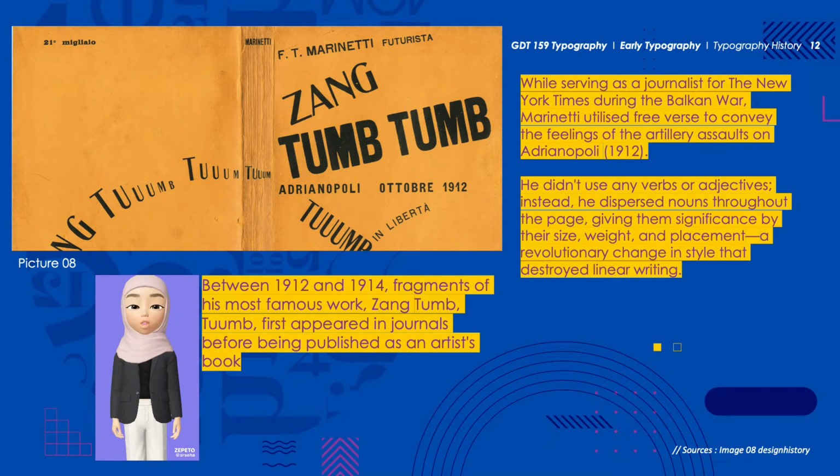He didn't use any verbs or adjectives. Instead, he dispersed nouns throughout the page, giving them significance by their size, weight, and placement, a revolutionary change in style that destroyed linear writing.